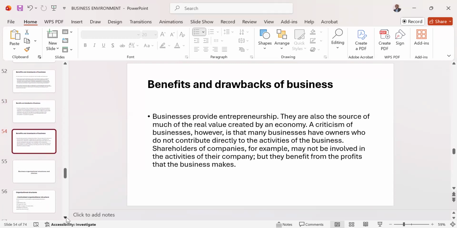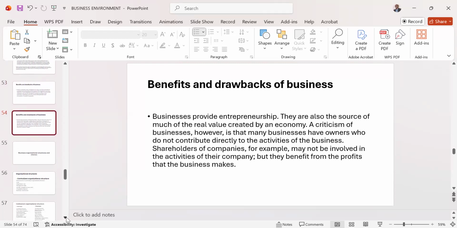Now, we've talked about professions and employees, and we have businesses. As a business owner, you are an entrepreneur. And so what you do is you create value such that the economy can grow.